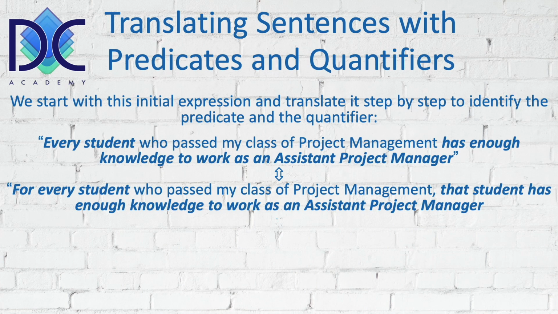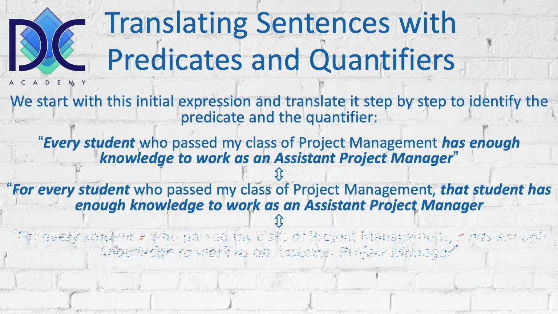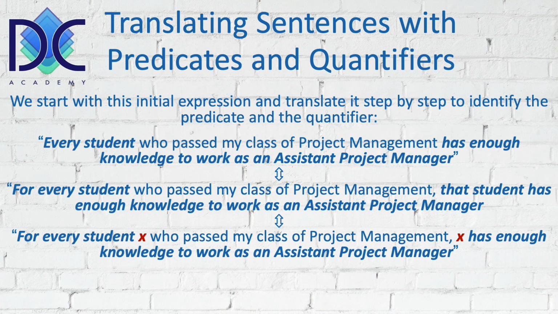And now we have to translate this where we put the variables in there. Here we can say that for every student X who passed my class of project management, X has enough knowledge to work as an assistant project manager.